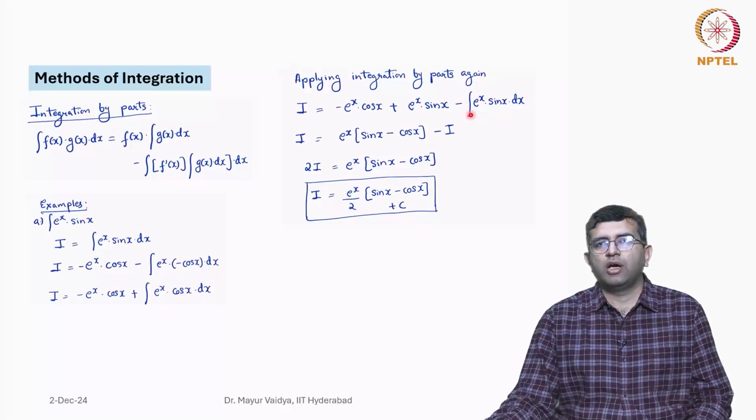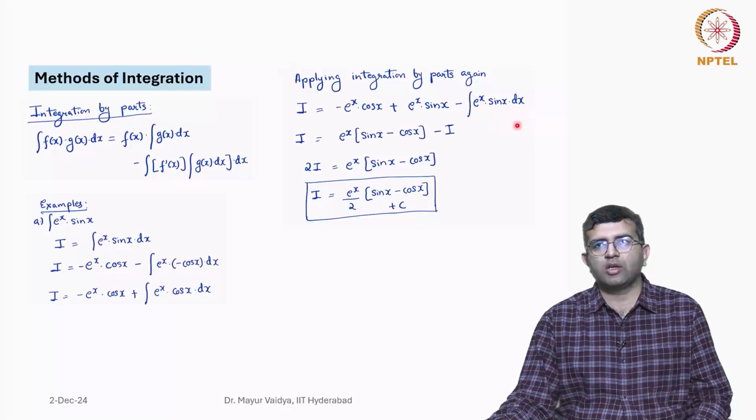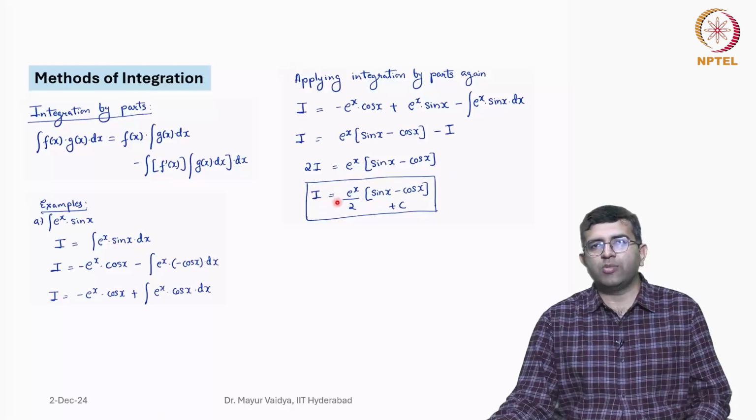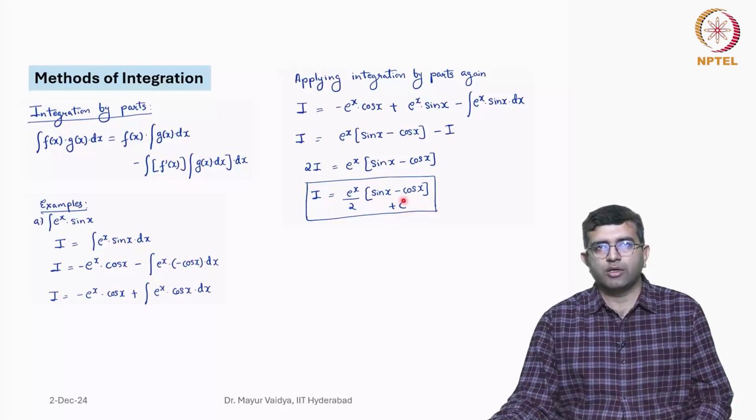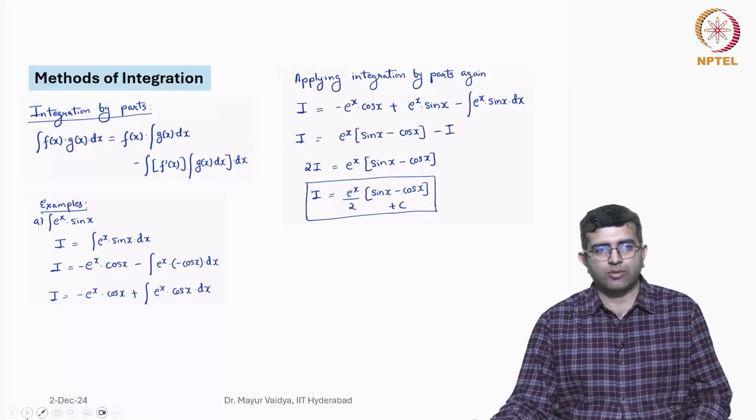So, here you will see that the integral of e power x sin x dx is nothing but your original integral I. So, you can take this to this side, and 2I is equal to e power x (sin x minus cos x), and therefore, I becomes e power x by 2 times (sin x minus cos x), and at the last step I have also added the constant because it is an indefinite integral.